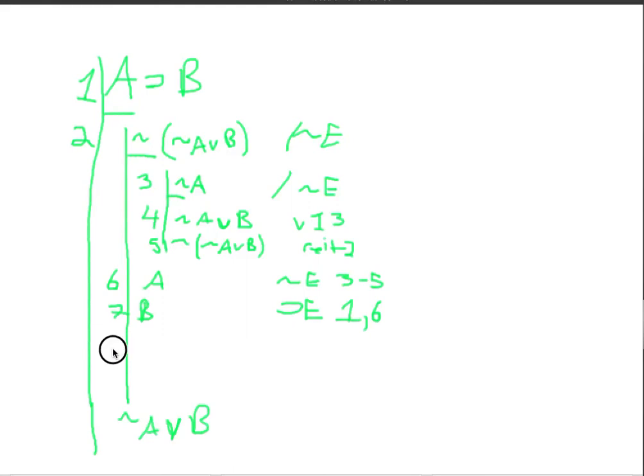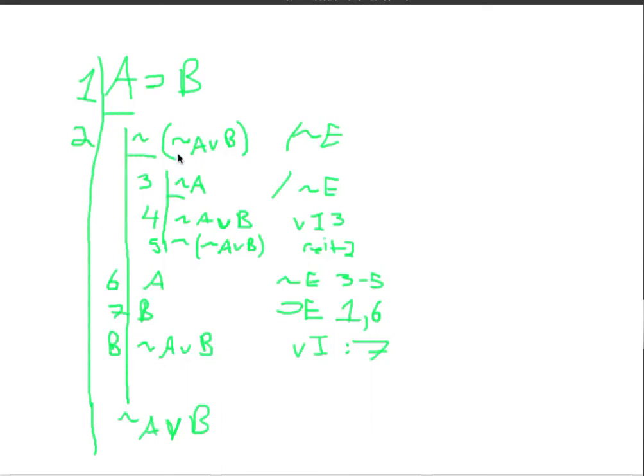So I can actually just add on to B. I can go not A or B, again, by just disjunction introduction. That is a valid rule of inference, right? I can take some sentence that I've already derived, and I can go within that scope line. I can just introduce anything else I want. So I can do disjunction introduction on B, so this is line 7, to get not A or B.